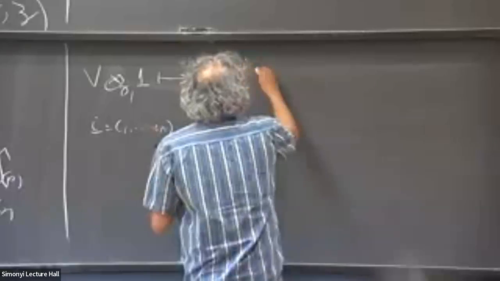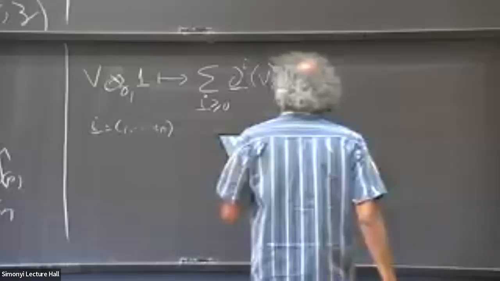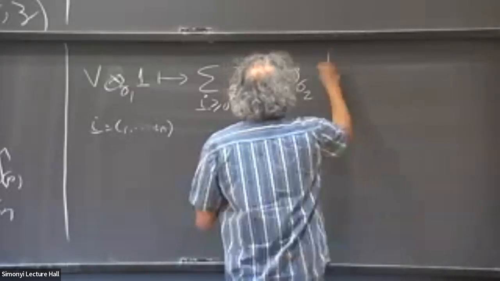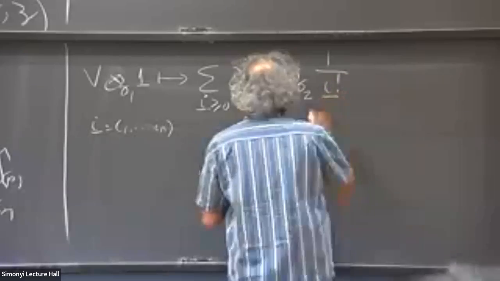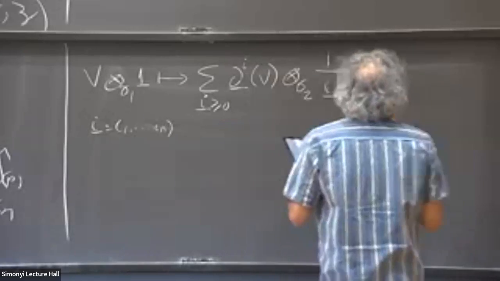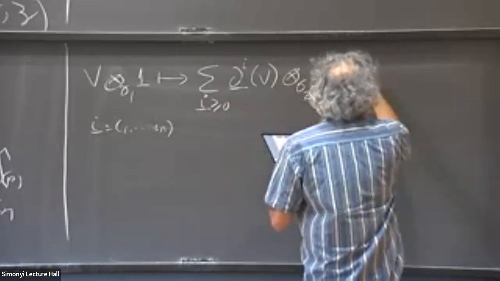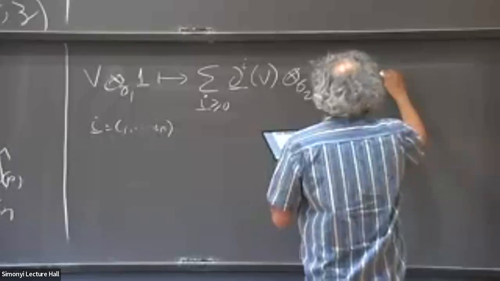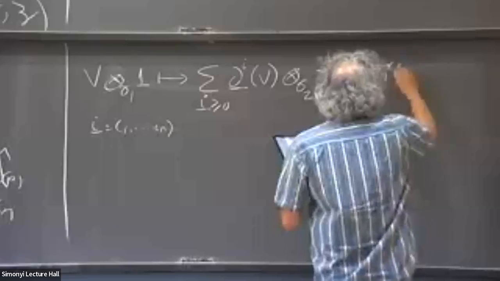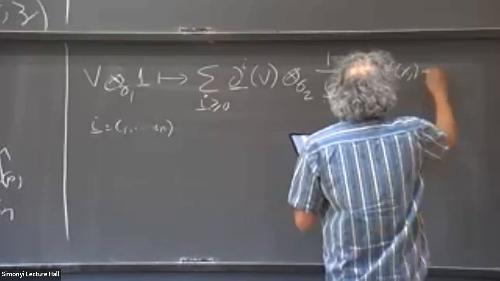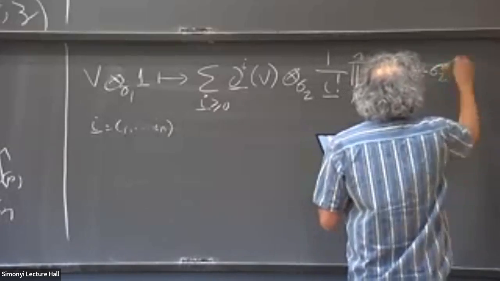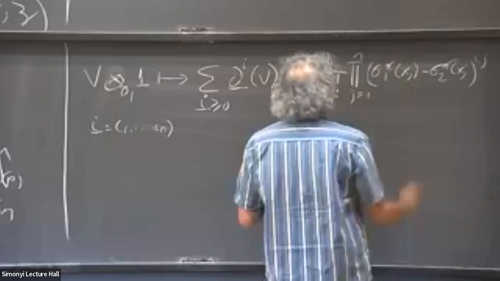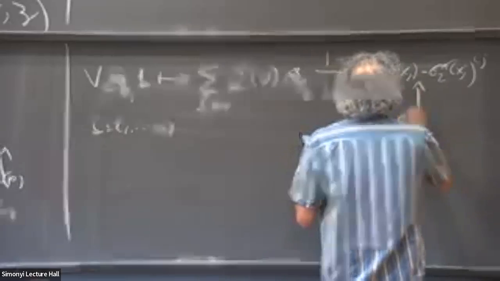I take some partials of this v, and then over here I have 1 over I factorial. And now this bit, let me actually write this part out. It goes from 1 to n. I take the difference between the effects of these two Frobenius pullbacks on x_j, raise this to the power I_j, and I notice that this is divisible by p.